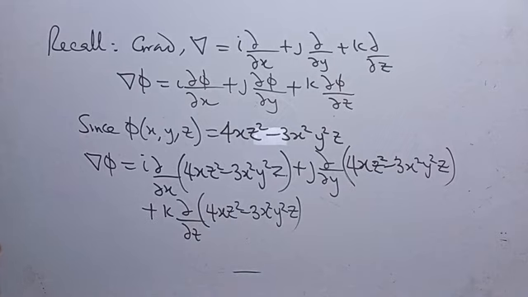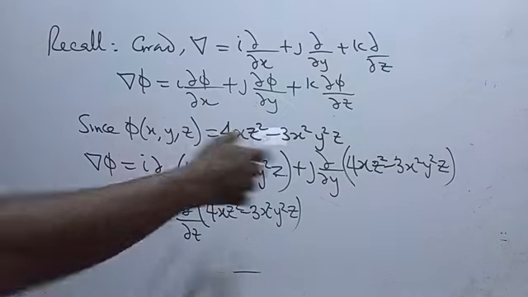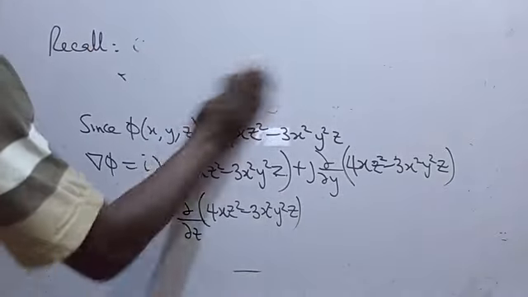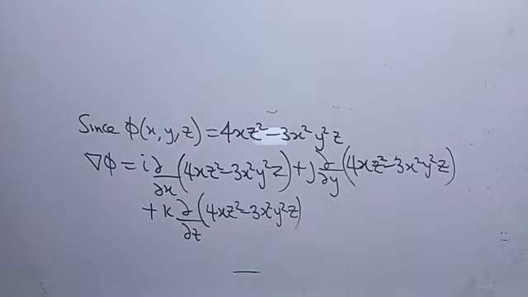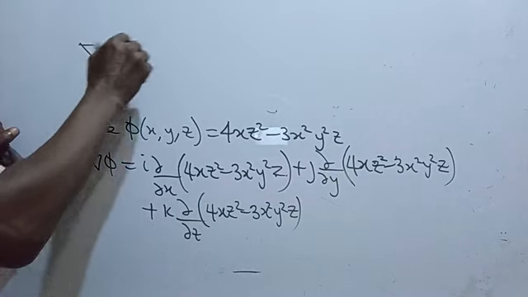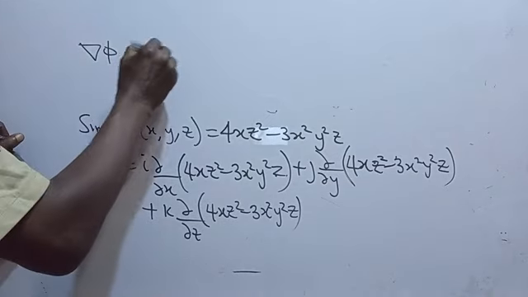That is it. Now you find the partial derivative of each of these parameters. Now you have del phi equal to i.